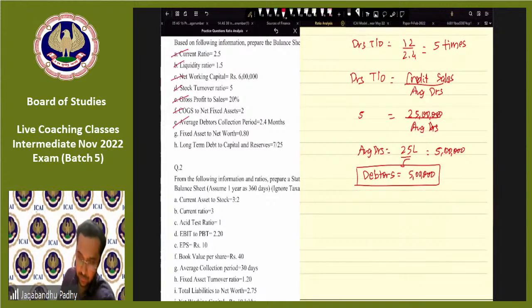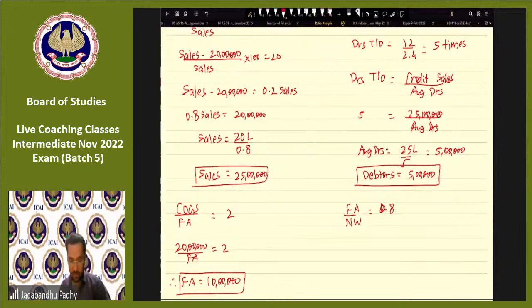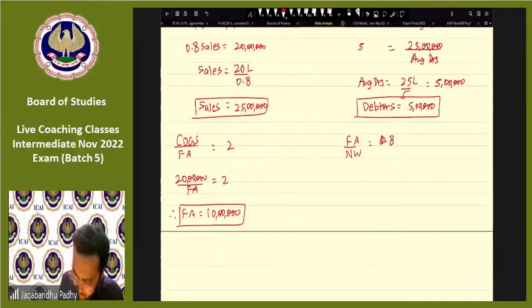Next ratio is fixed assets to net worth. We have fixed assets to net worth as 0.8. Now what's the fixed asset, sir? Fixed asset was 10 lakh. We say 10 lakh upon net worth is 0.8.